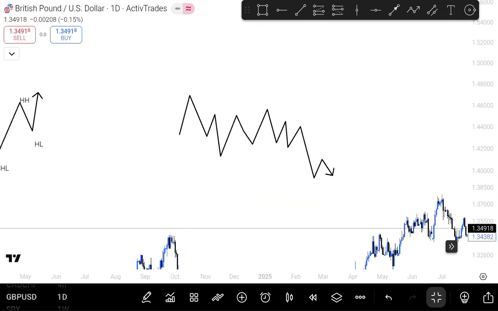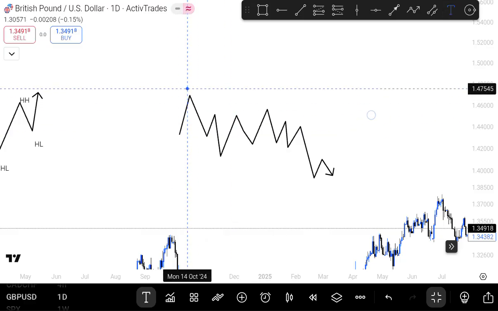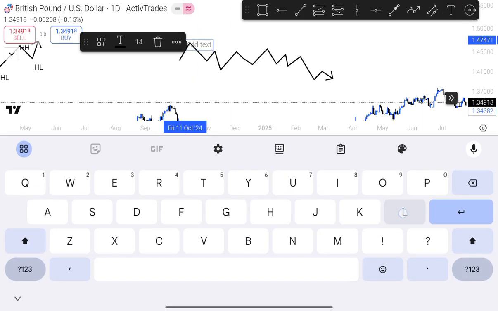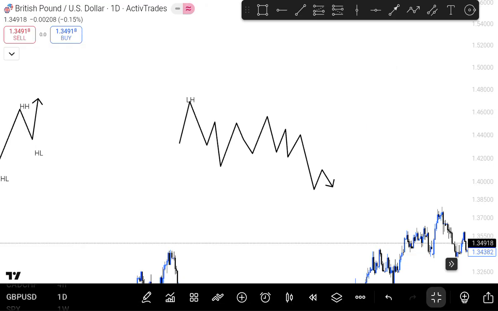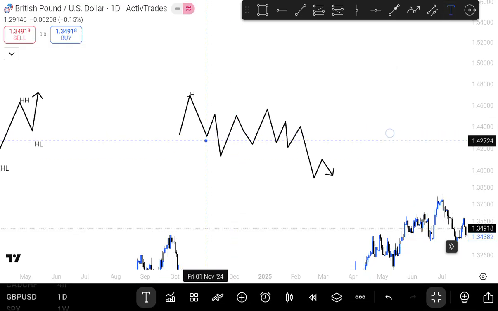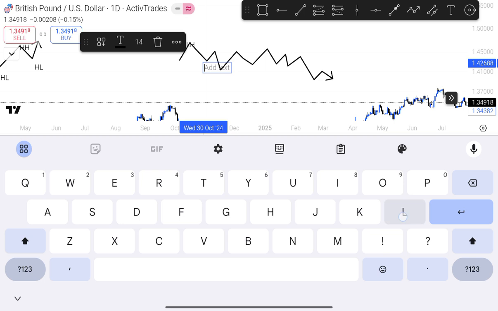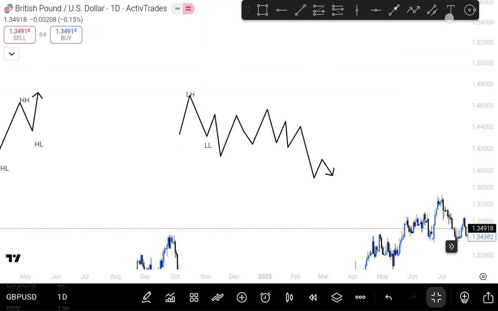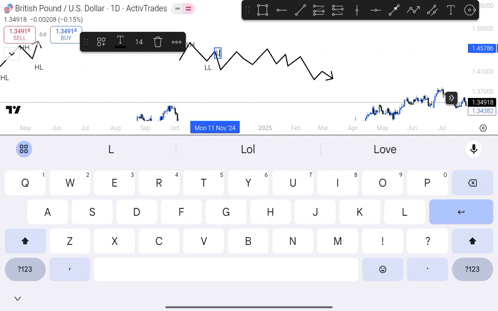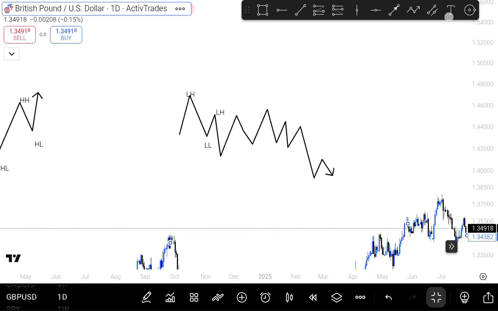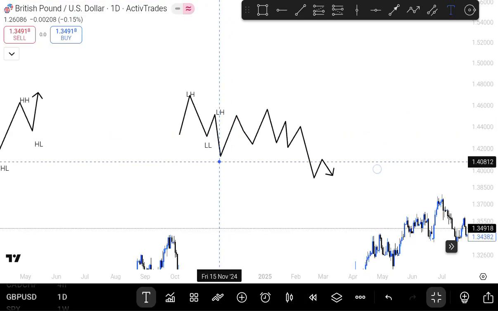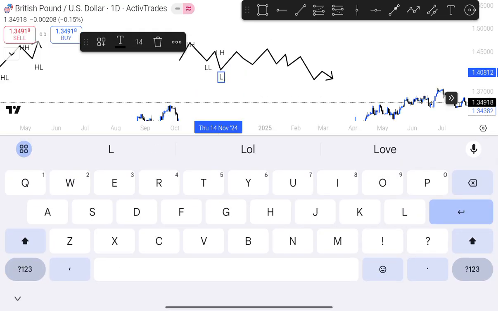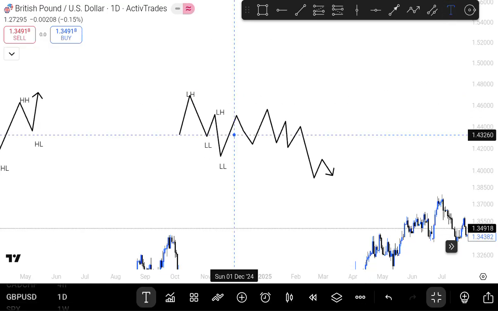The market is giving us a lower high, lower lows, a lower high, a lower low, and another lower high.